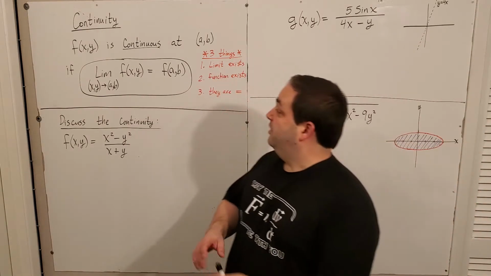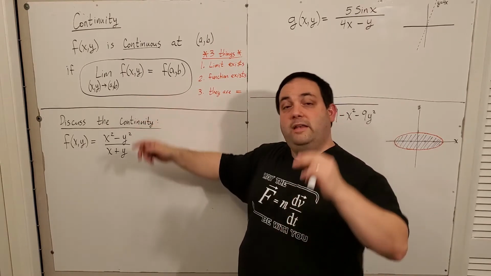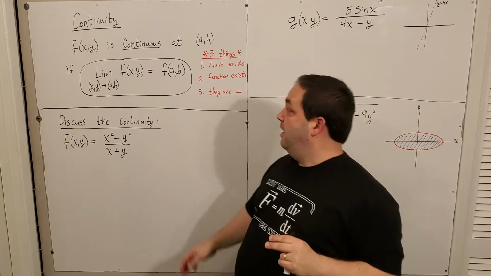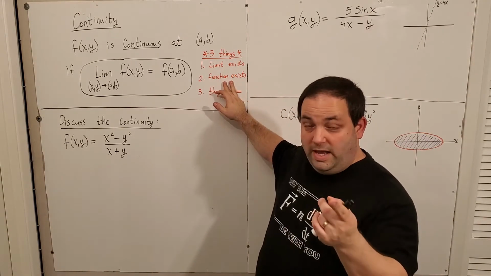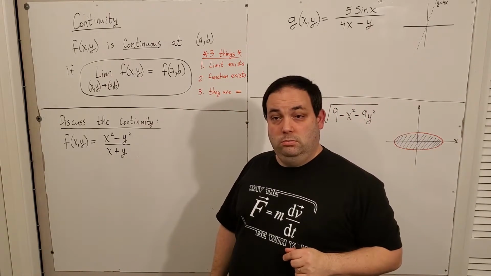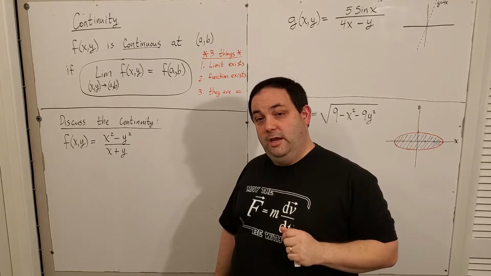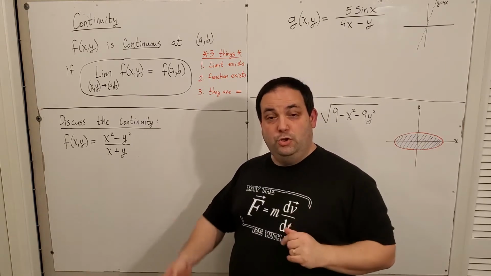Okay? But remember, with continuity, there's several levels of this equation that can fail your continuity, right? First, the limit has to exist. Next, the function also has to exist. And then lastly, they have to be equal, right? So there's some little stages in there. So continuity can fail. Most of the time, there's two main reasons.